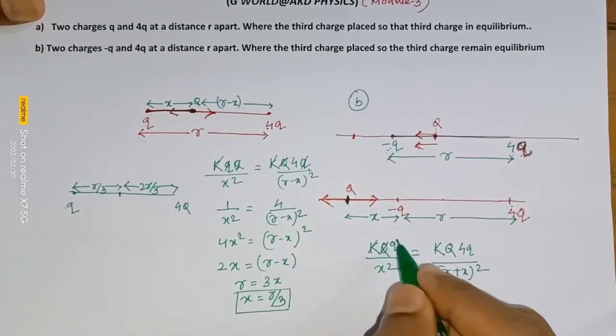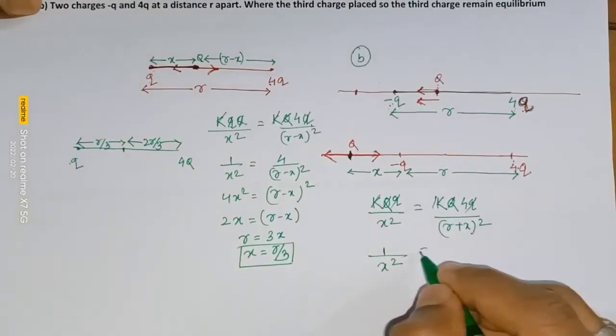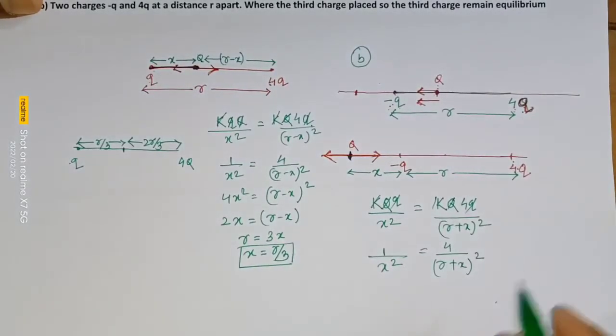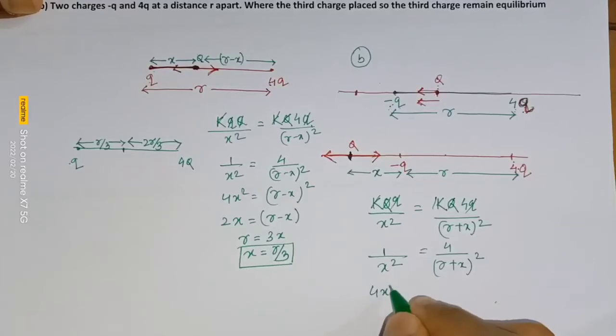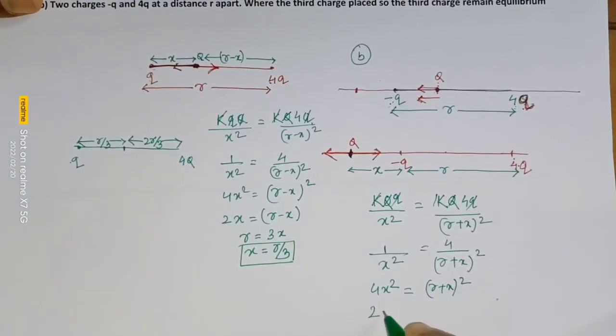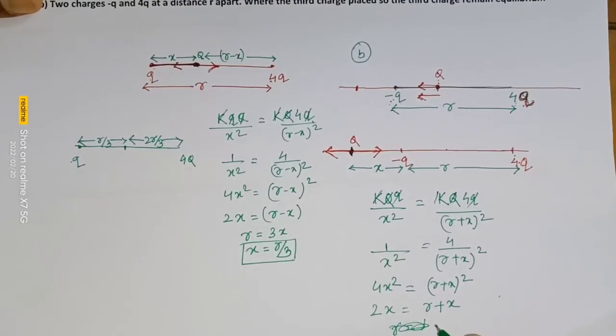The k, q and Q cancel. I get 1 upon x square equals 4 upon r plus x whole square. So 4x square equals r plus x whole square, so 2x equals r plus x, and x equals r.